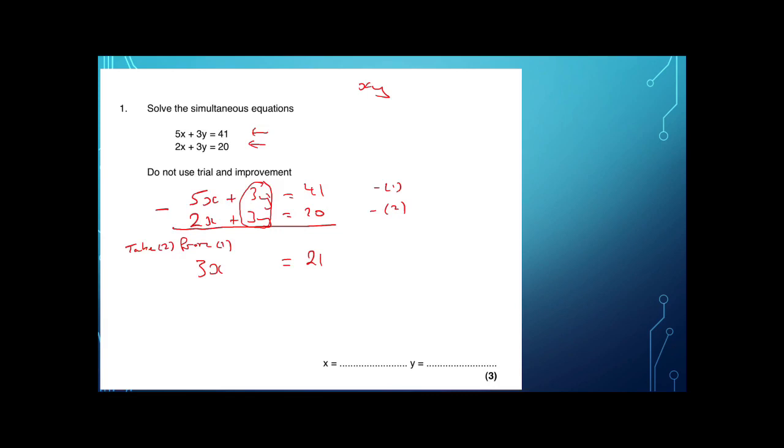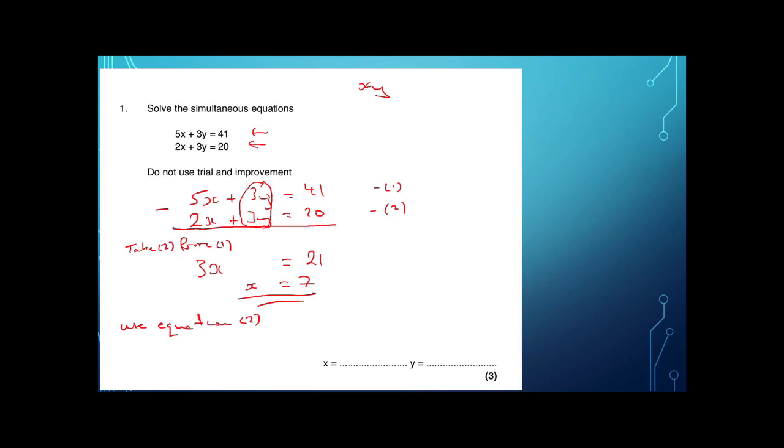We only have one letter now, one variable in the equation, so we can solve that. So x is equal to 7. Now I want to find the value of y. I'm going to use equation 2, I think.